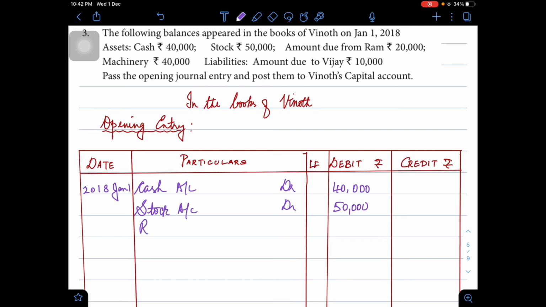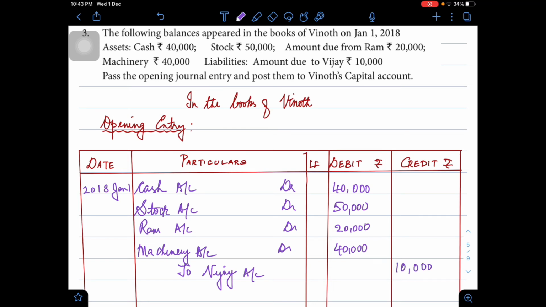Amount due from Ram. Ram is a debtor who buys goods, in future he will be paying rupees 20,000. And then machinery account debit, it will be 40,000. Now I have recorded all the assets. Now I am going to record the liability, the creditor. Who is the creditor? Vijay account, which is 10,000.